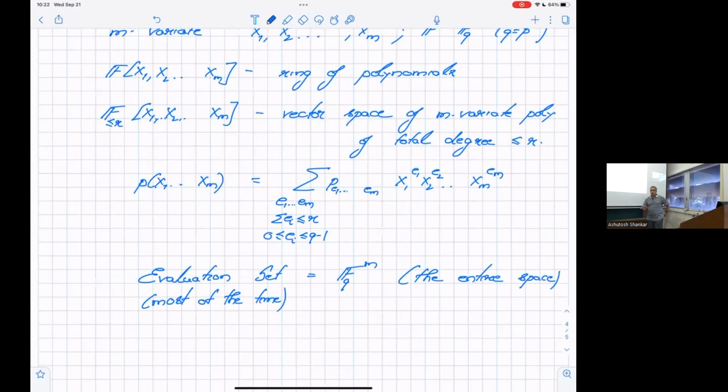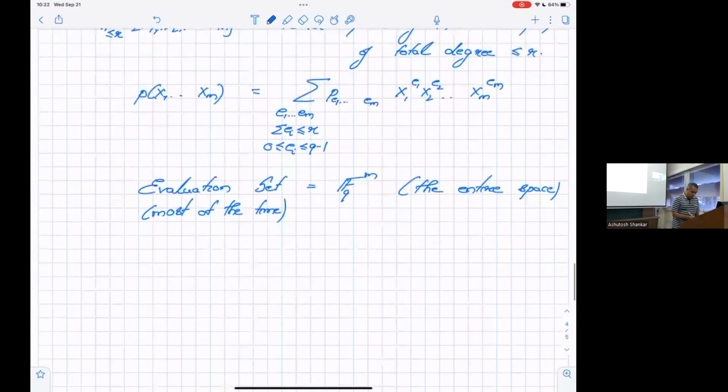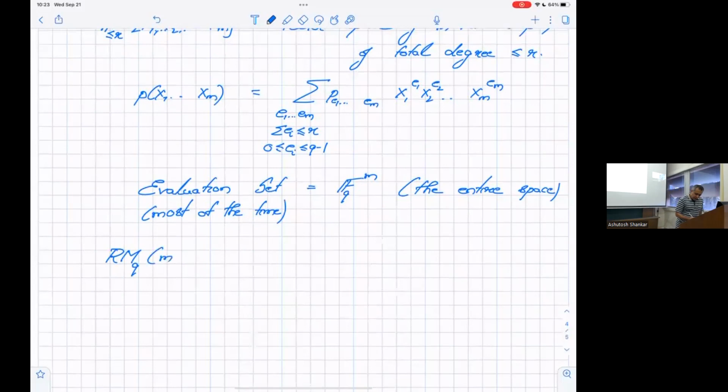Okay. There is a definition. So this code is what I'm going to call RM, Reed-Muller, Reed and Muller who discovered it independently. q tells you which field we are working with, m says the dimension of the ambient space, and r says what the degree bound is. Notice the degree bound here is less than or equal to. In Reed-Solomon, we made it less than k, because that k exactly matched the rate.